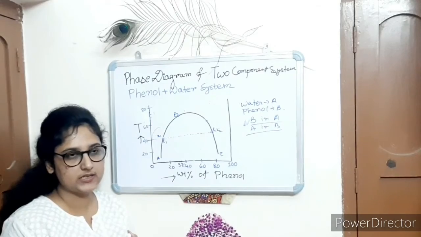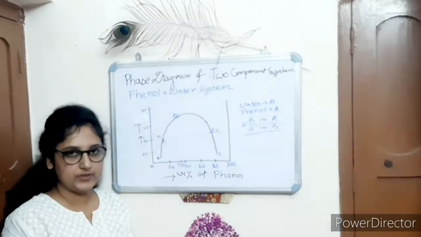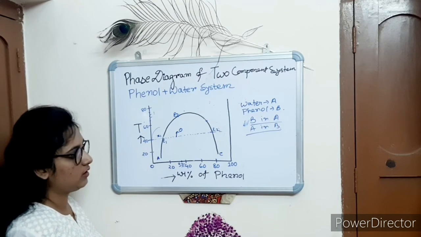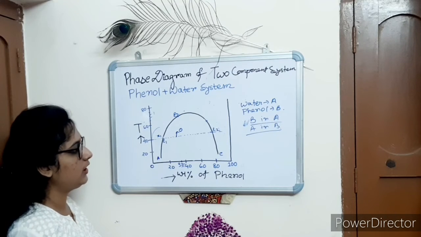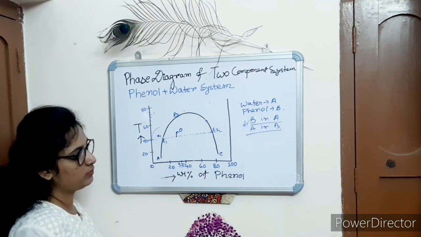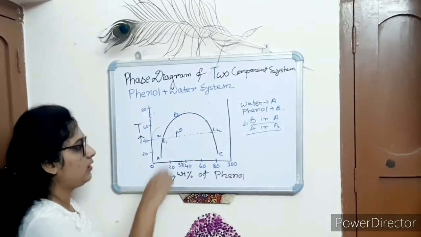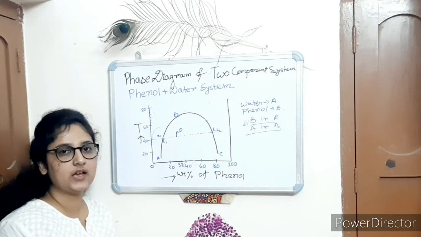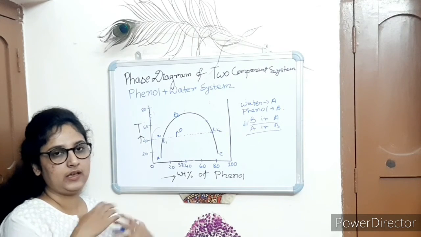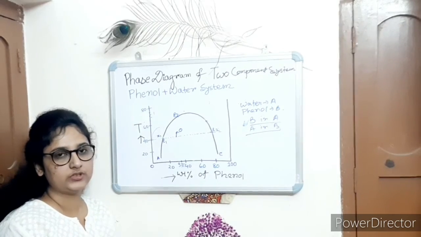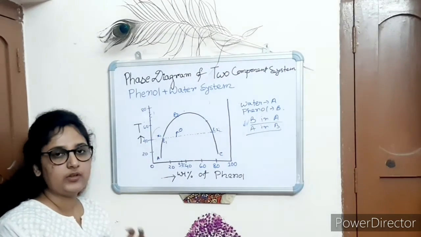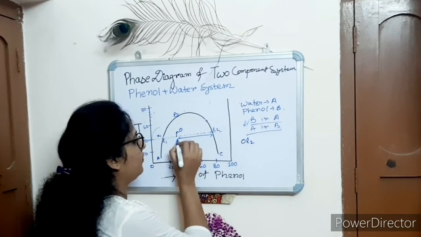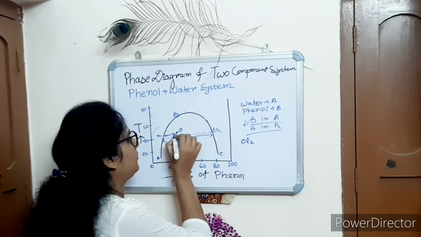For this discussion I will consider only the heterogeneous phase. Now L1 indicates the composition of solution B in A, and L2 is the composition of solution A in B. Now suppose you are taking point O and you have to tell the proportion of the composition at L1 and the composition at L2 at point O. You can easily say it from the lever rule. This is the length OL2 and this is the length OL1.